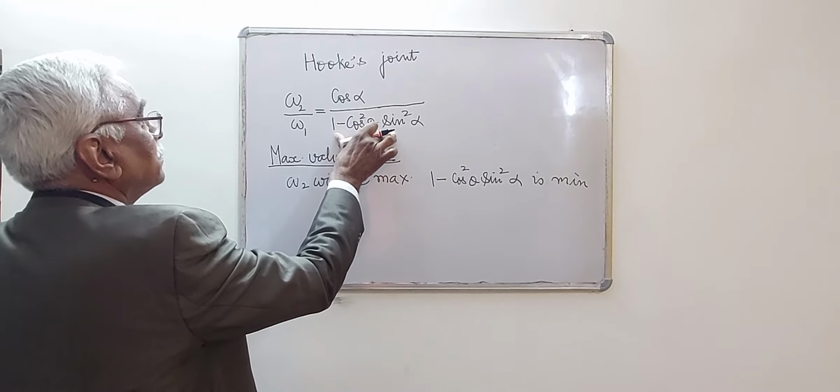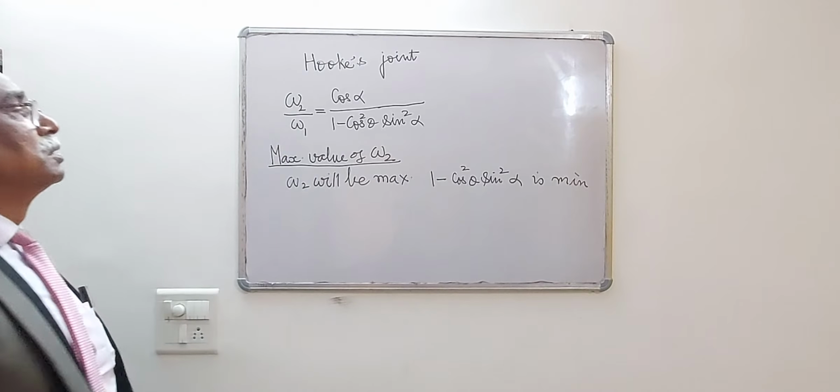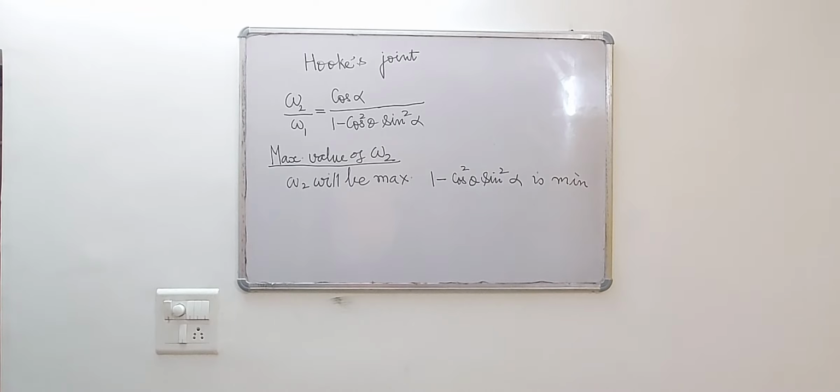When this value is minimum, this ratio, that is omega 2, will be maximum because omega 1 is always constant.